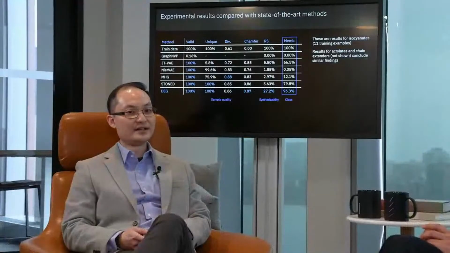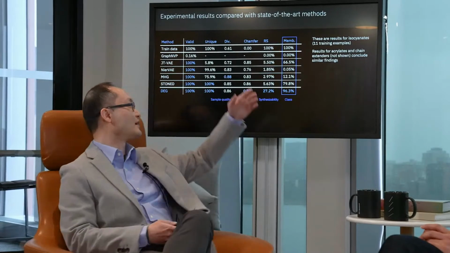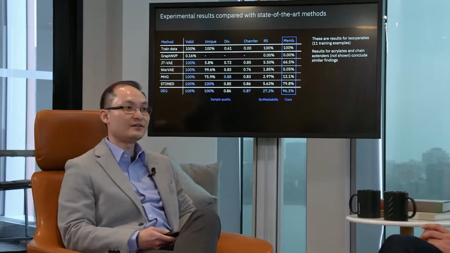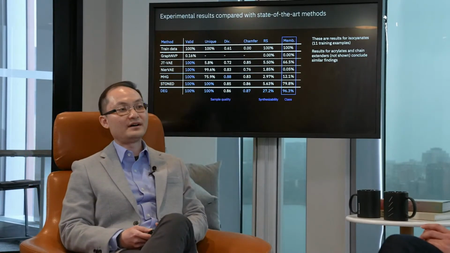Jie, I have a question for you. What do you think it is about this method that is leading to these strong results that's different from some of the alternatives that are listed here? I would say one important thing is the data efficiency, as I mentioned at the very beginning, right? A lot of methods here, like the graph MVP or GTVAE, are deep learning methods. They require a large amount of training data.